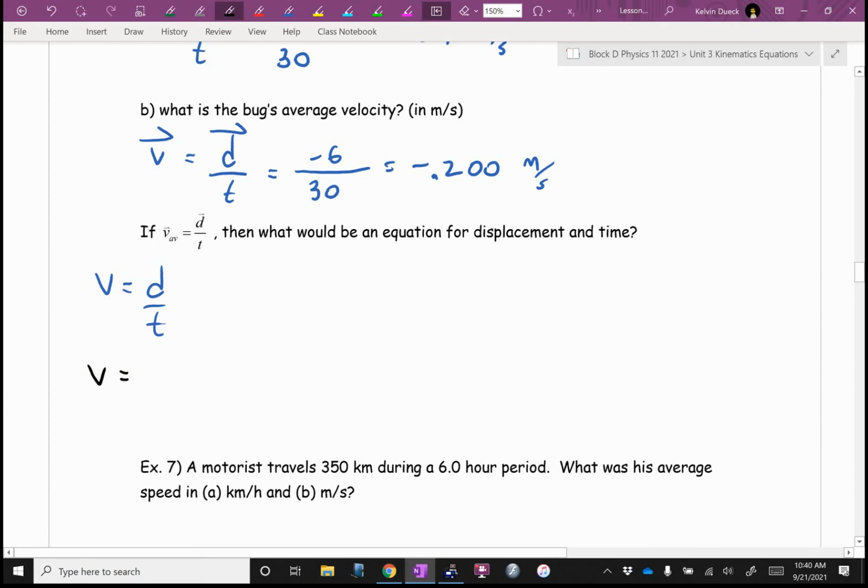What else is on the same side as the D? A T. What's the T doing to the D? Adding, subtracting, multiplying, or dividing? So dividing by T on the right is the same as doing what on the left? Multiplying. This is really your equation solving rules that you learn in math, but we're doing it algebraically, and we're going to take it to a much higher level.